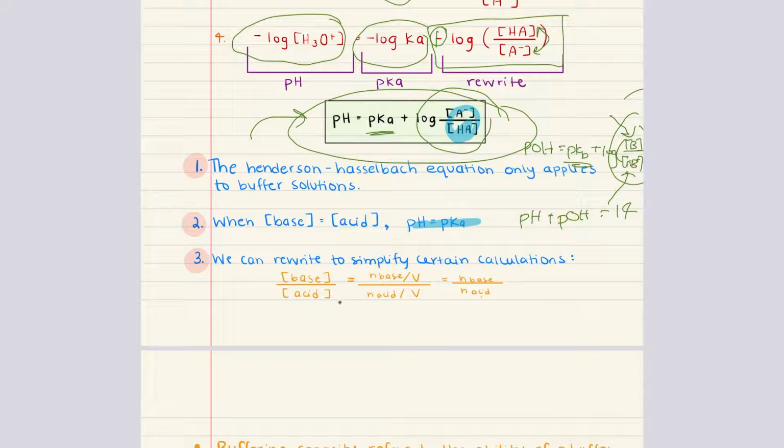Since concentration is defined as moles divided by the volume, and the volume remains constant during many buffer preparations, the ratio of the concentrations can be written as the ratio of moles, and this is especially helpful when preparing buffers by mixing known amounts of a weak acid and its conjugate base, or vice versa.